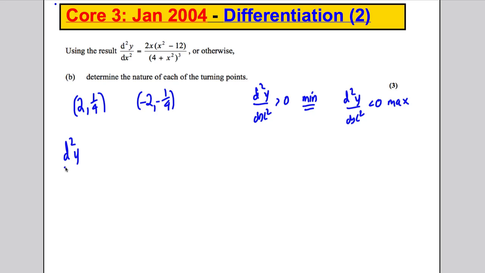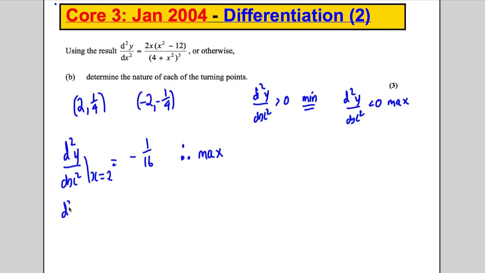So d2y over dx squared, if x is equal to 2, sub 2 into this, and you would get 4 multiplied by negative 8, which is negative 32, over 8 cubed. So negative 32 over 8 cubed, and I think you get the answer negative a 16th, therefore maximum.